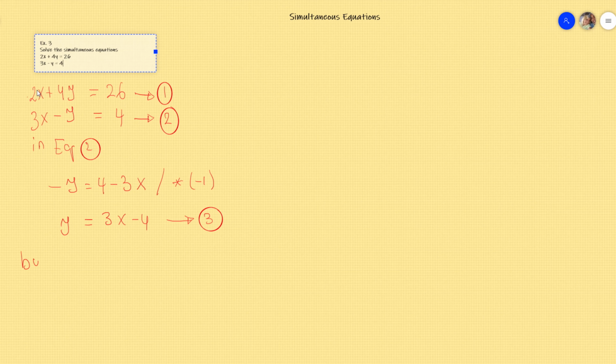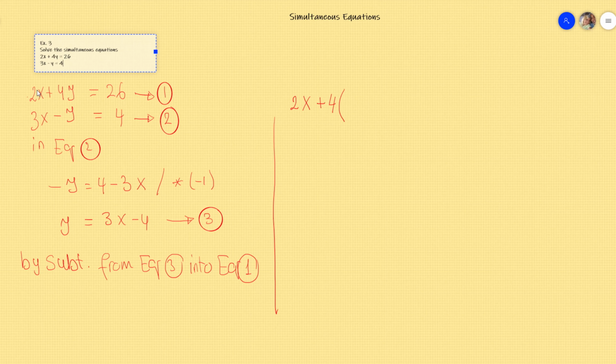And by substituting from equation 3 into equation 1, we will have 2x plus 4, and we will remove the y and substitute from equation 3 by 3x minus 4, equal 26.